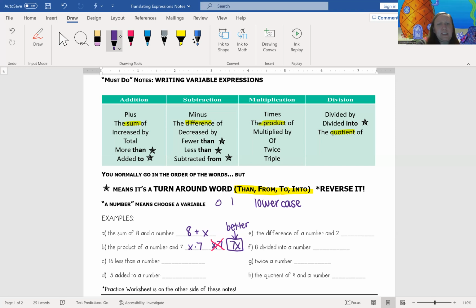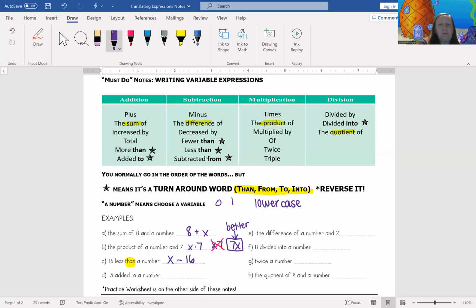The next one is 16 less than a number, and less than is subtraction, but I see that turnaround word of than, which means I need to not just do 16 minus x, I'm going to reverse the order. So this one is going to be x minus 16. That turnaround word turns around the order that you do this in.